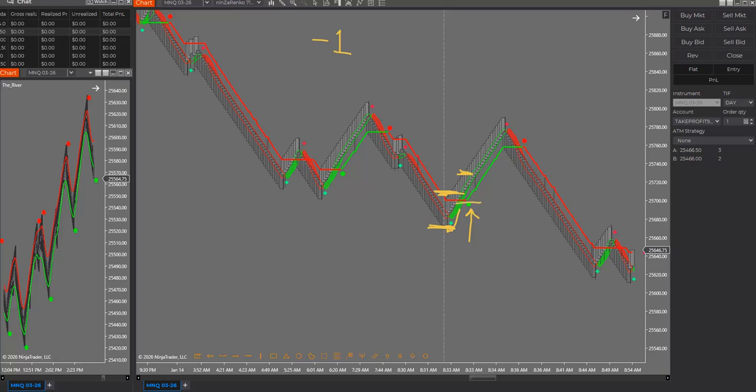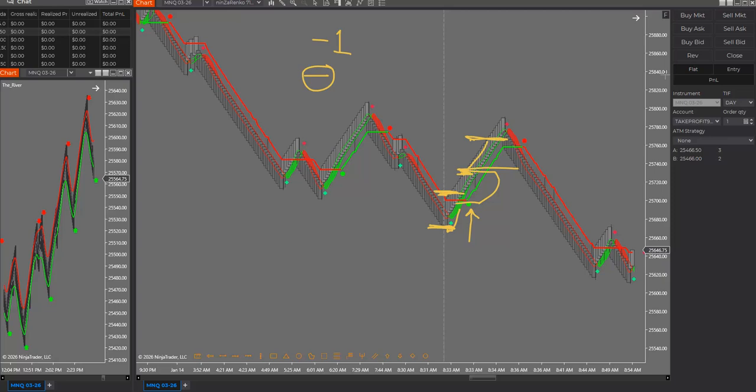Stop at 160 ticks, goes up to 170 ticks, hits my break-even threshold. My stop goes to break-even plus. Market comes down, blips me out, no loss. So I have a scratch. So it wasn't plus or minus, it was a zero trade.